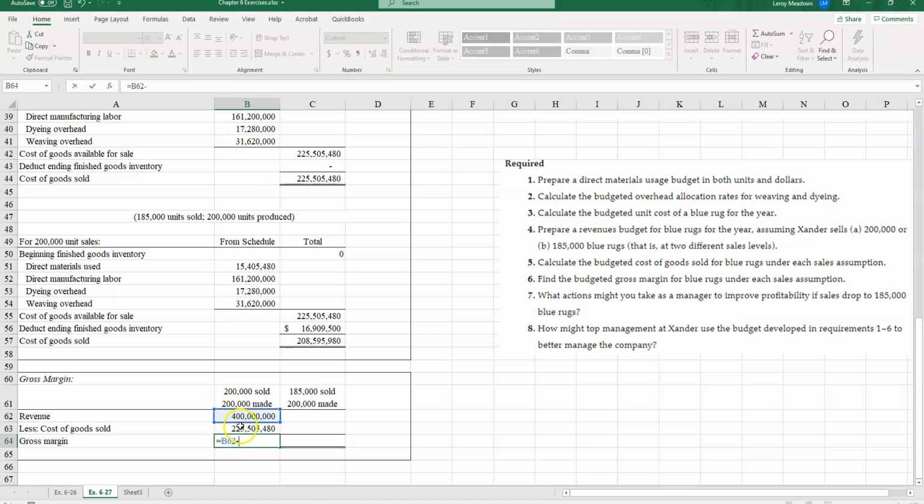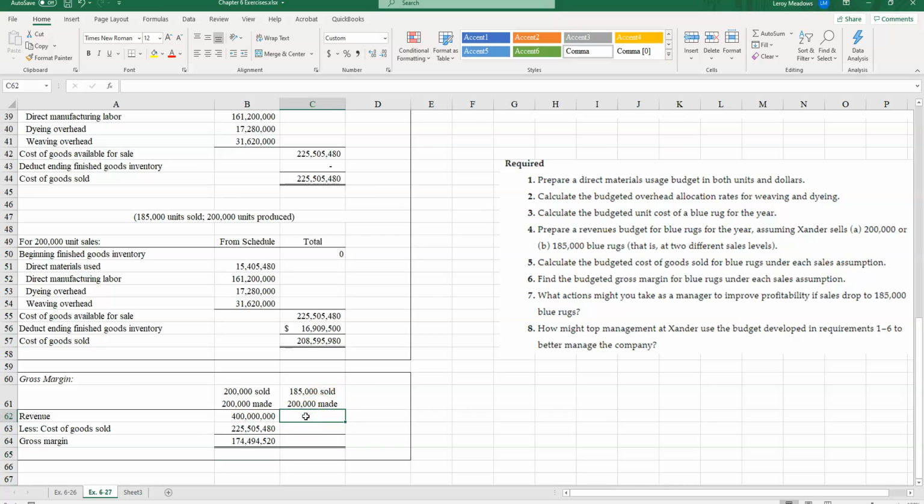And from there, my gross margin, if I make 200,000 rugs and sell 200,000 rugs, my gross margin is going to be 174,494,520.